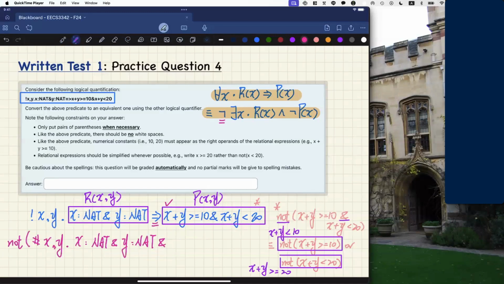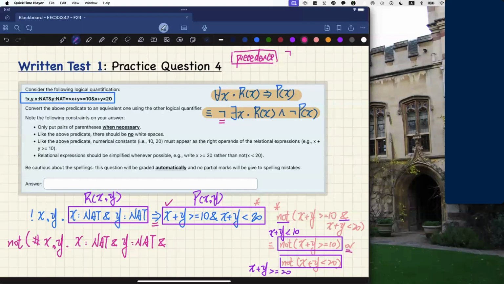Okay, so we're going to have over here, let's say, because we got OR over here, and precedence. For precedence of logical operators, negation should be the first one.